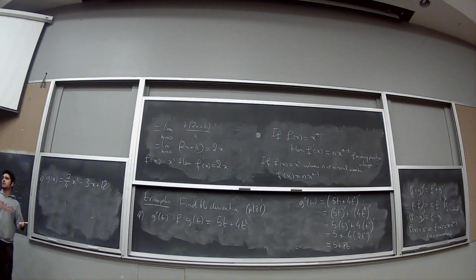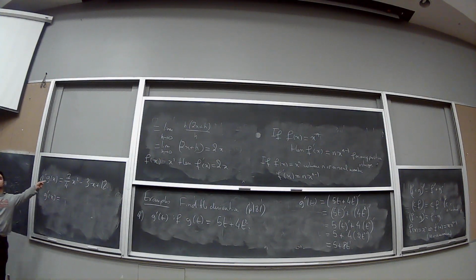Maybe, should we try to do it a bit faster or not? Can you do it a bit faster? Should we do more steps? What do you guys prefer? Faster. I think some people want more steps. Okay, let's write more steps.